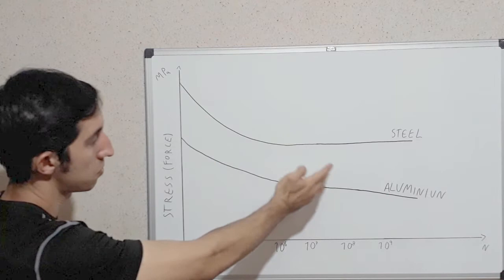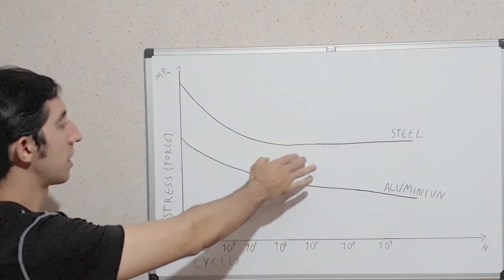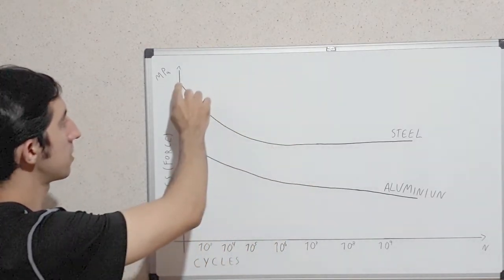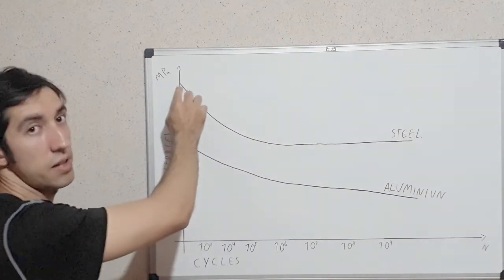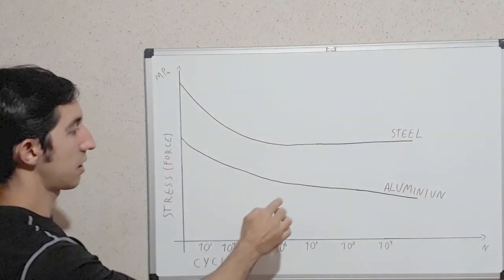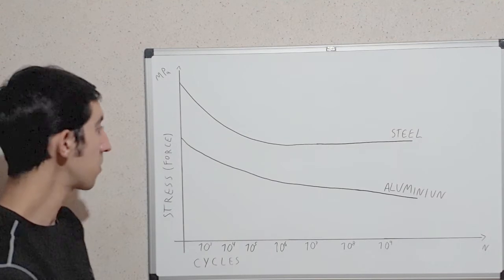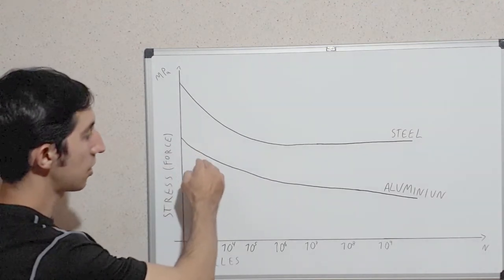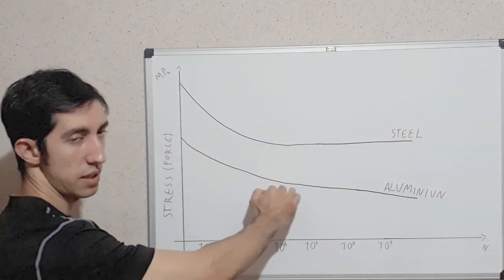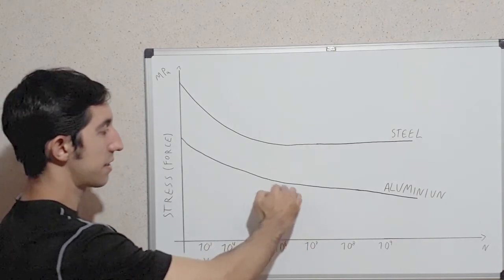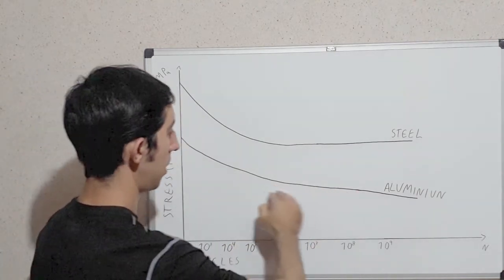So the steel, in this case, is at half of the force that it started with. If we take aluminum, for example, it starts here, makes an elbow, and doesn't flatten the curve.